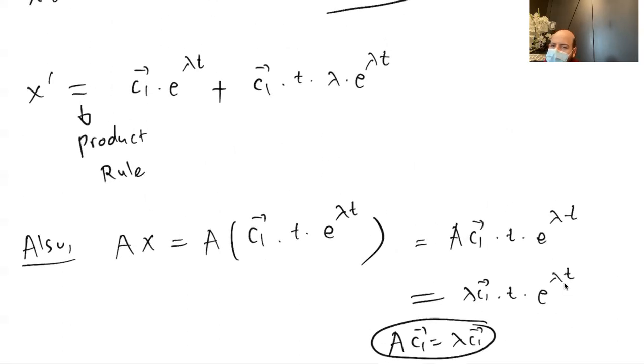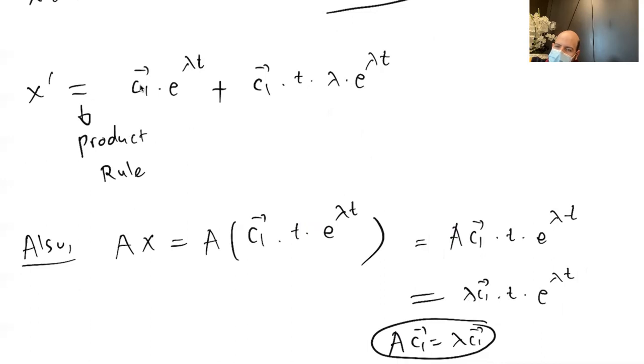I was hoping that this expression becomes equal to this expression. Well, this part of this expression is the same as this expression, but then the first expression has this additional part. Therefore, overall, this expression is not the same as this expression, because these two expressions would have been equal if this extra part was 0. But it is not 0, because C1 is an eigenvector, which is non-zero.